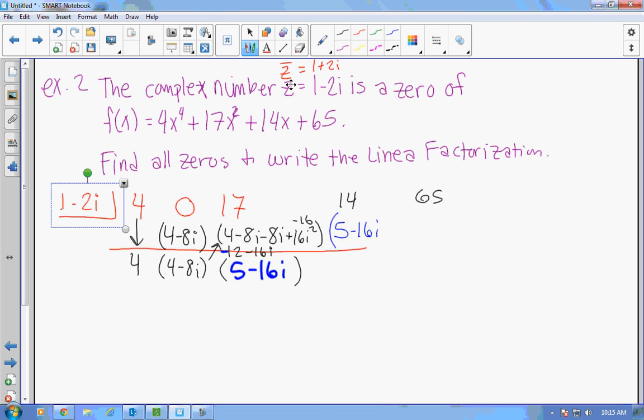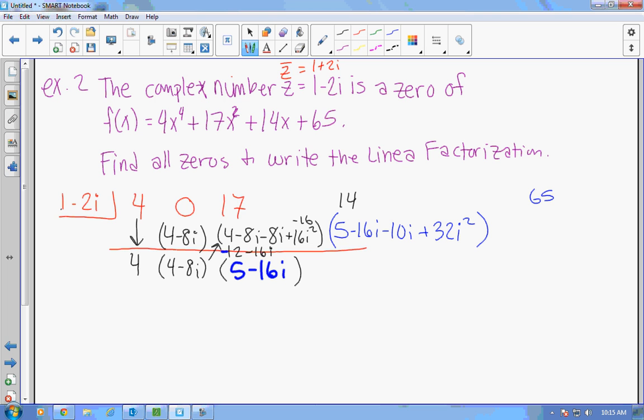Negative 2i times 5. Negative 2i times negative 16i. Isn't it positive? Negative times negative, positive 32i squared. Looks like I still need to move the 65 over a little more.